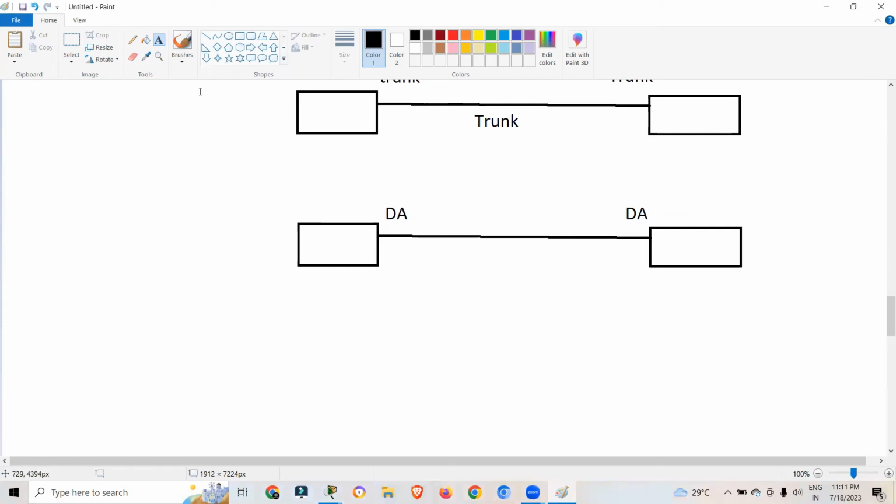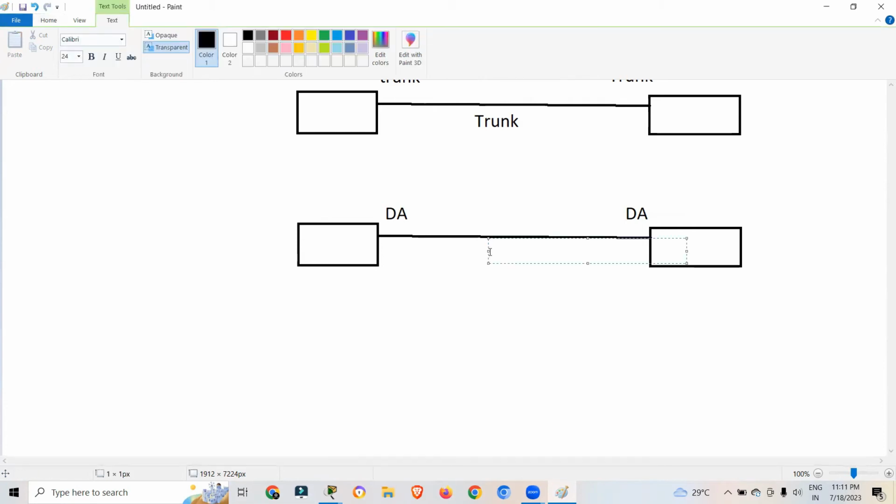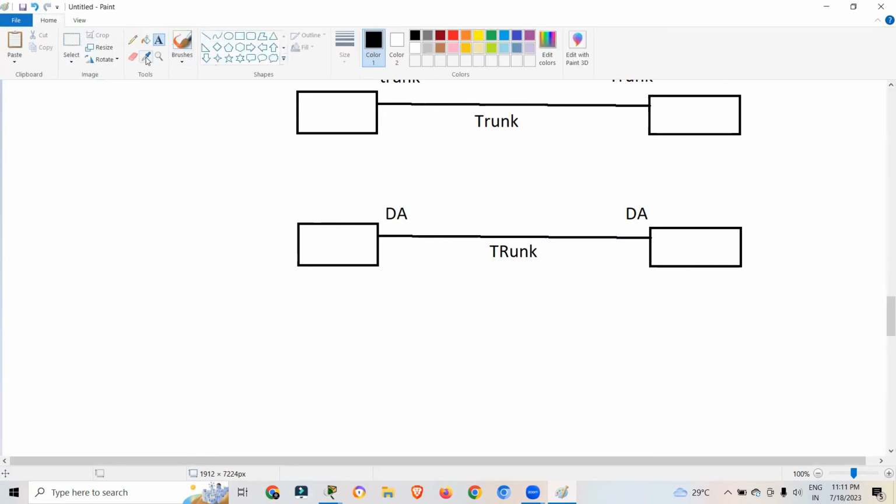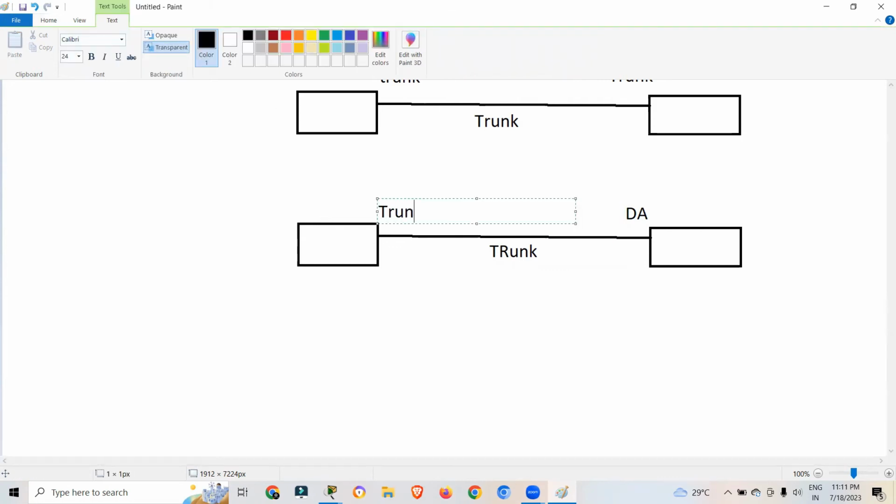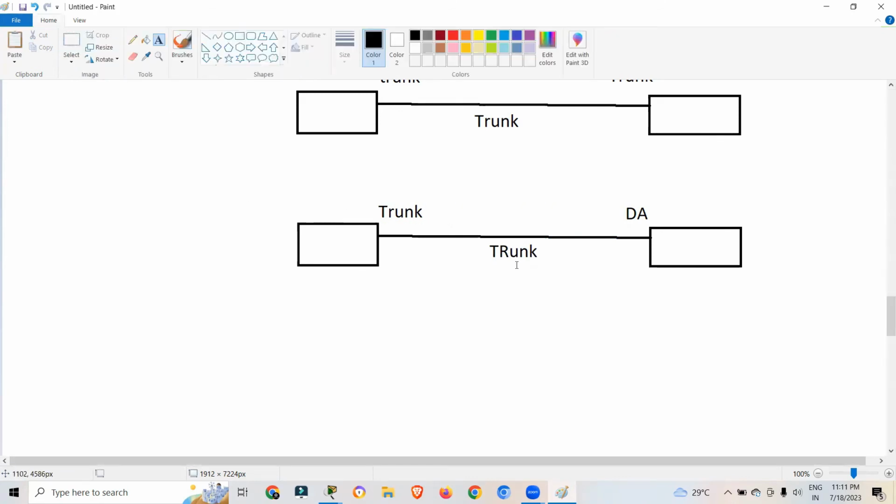He wants to reduce the configuration, and you know that dynamic auto plus dynamic auto is static access. So he just changed the configuration on one side, from dynamic auto to trunk, and this will automatically become the trunk link.